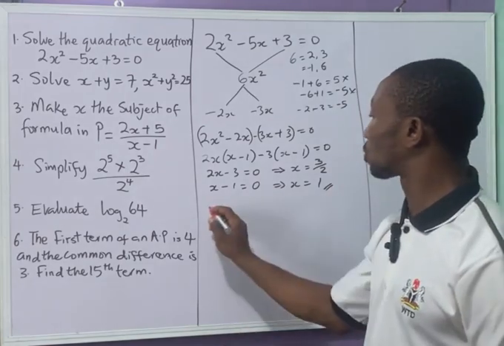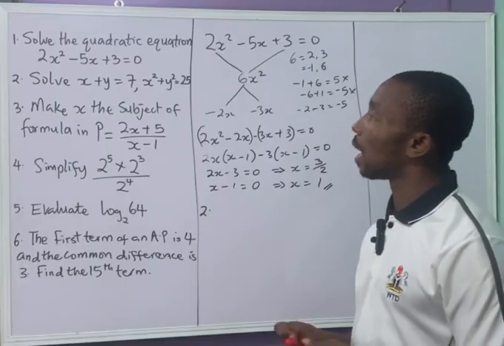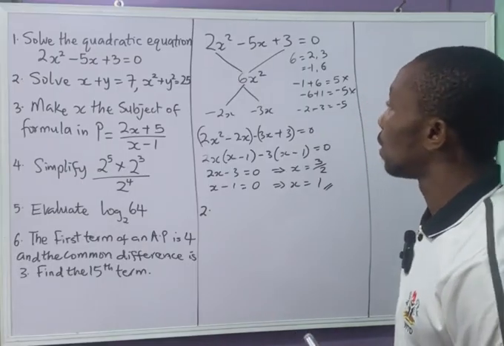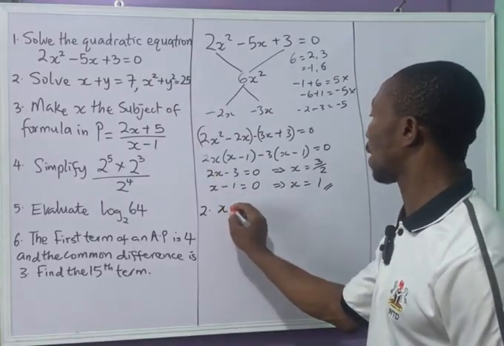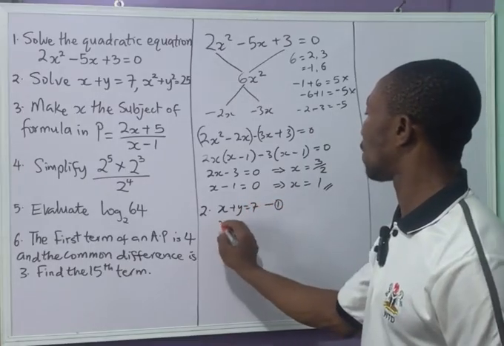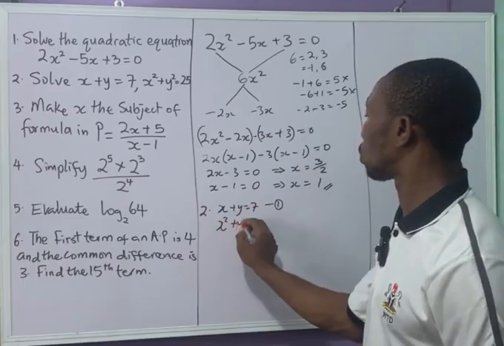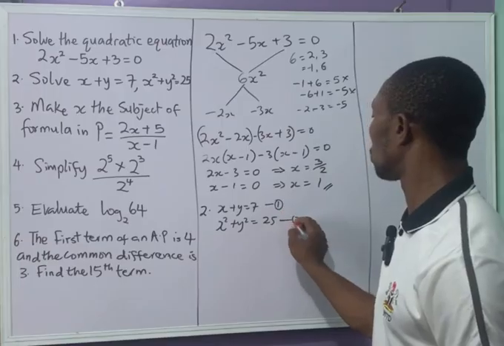Number 2 says solve for x plus y equals 7. This is a simultaneous equation. We have x plus y equals 7, equation 1, and x squared plus y squared equals 25, equation 2.